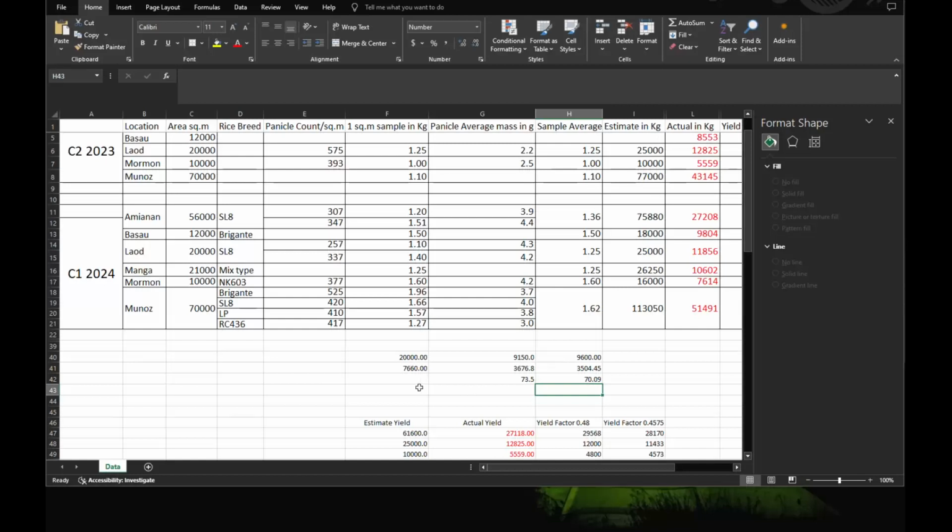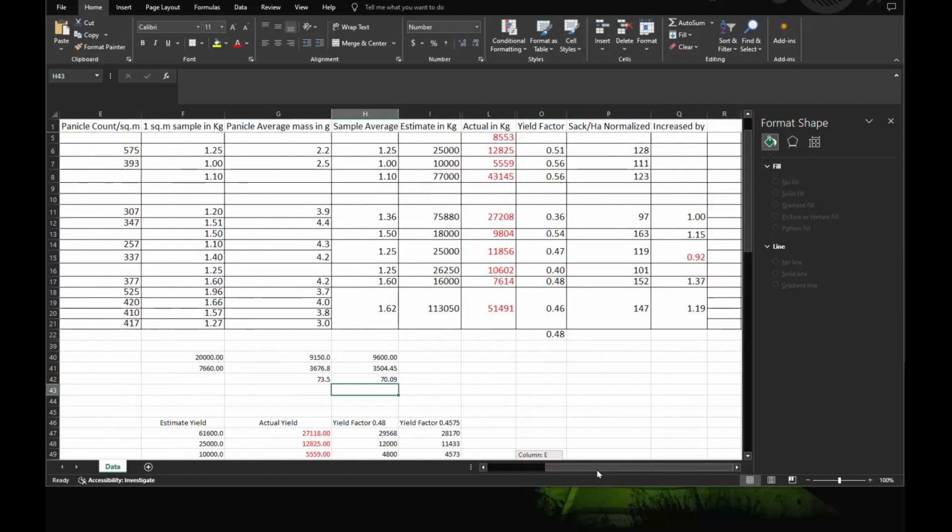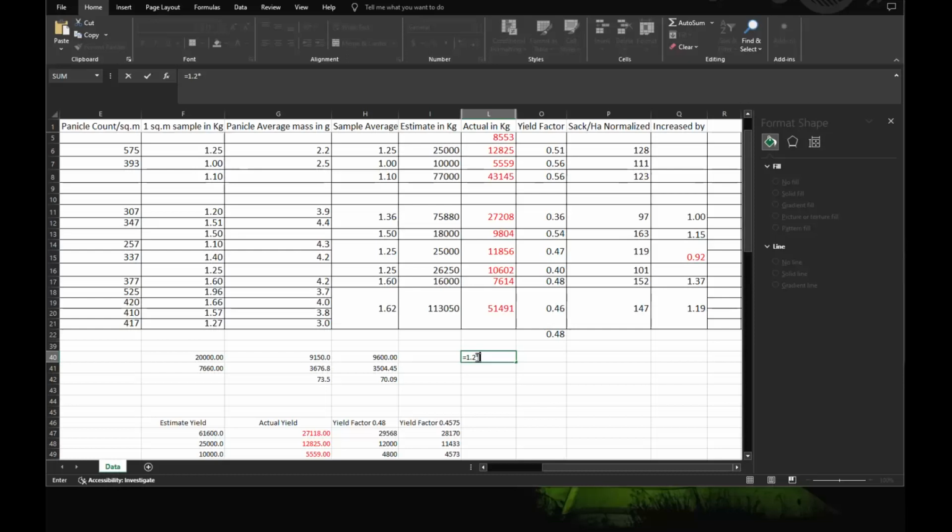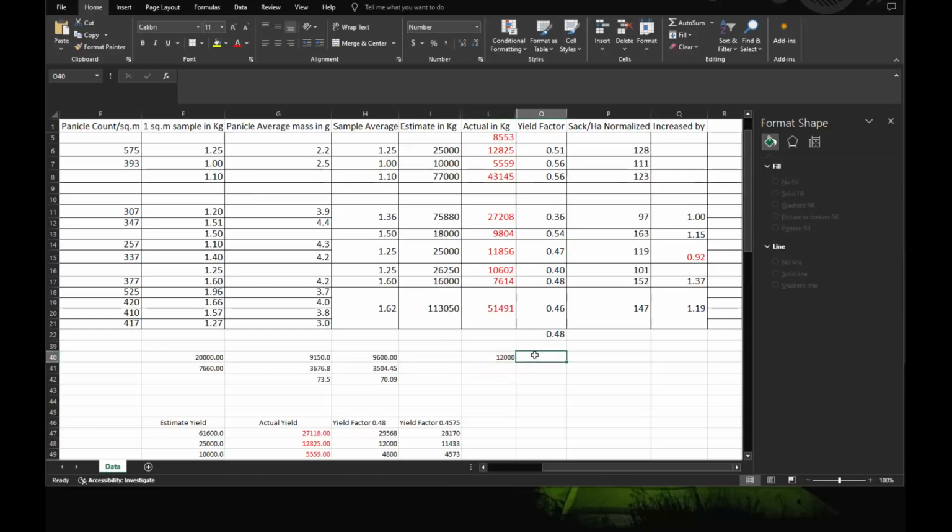So now another YouTuber that I saw, he took 3 samples and his average was 1.2 kilos. So 1.2 times 10,000 square meters. So his estimated yield is 12 tons. Using the factor, it's around 6 tons.